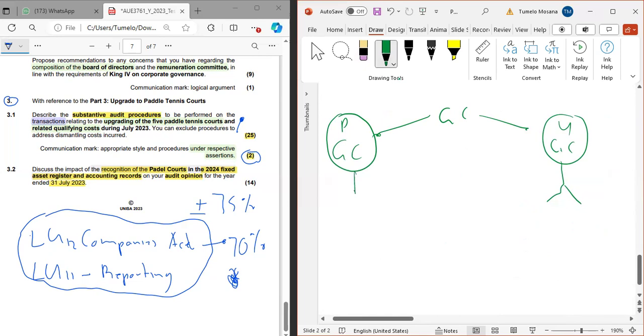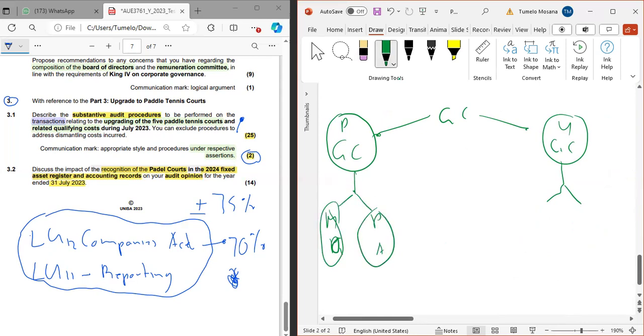Let's start with there being certainty of the going concern. If it is material, it will be a qualified report. If it is pervasive, it would be an adverse report.